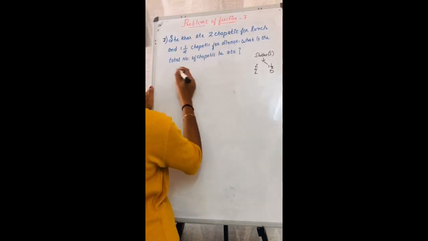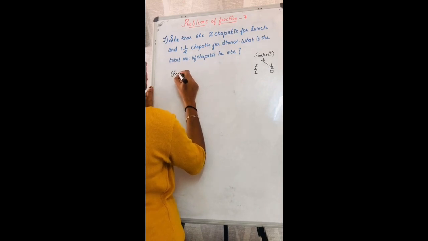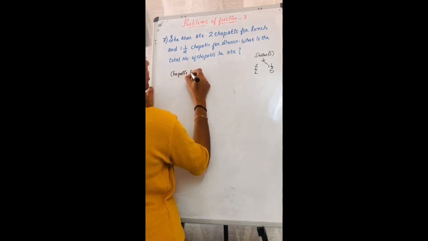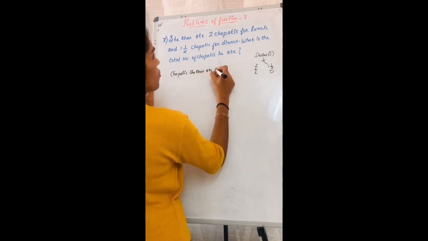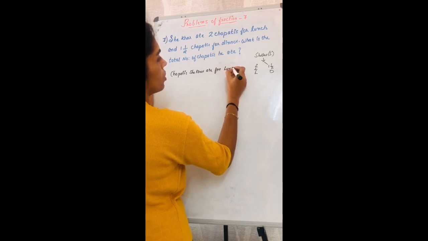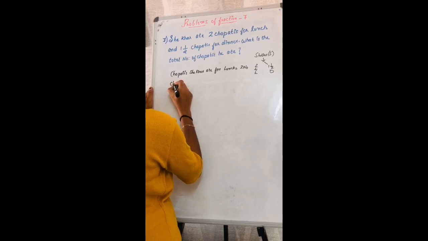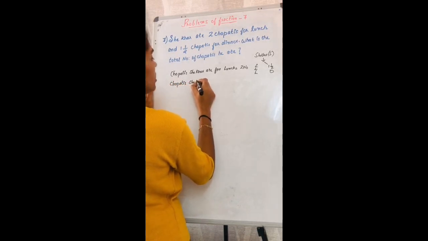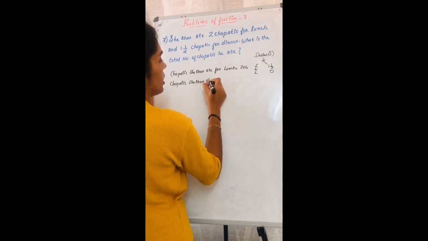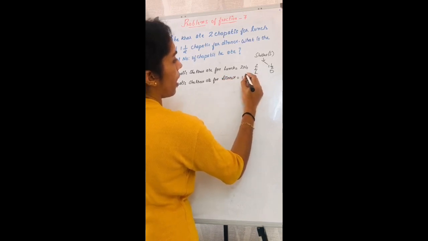Now let's quote our sentence. Here you're talking about chapatis, so start with chapatis. Shekhar ate for lunch 2 in number, right? Again, chapatis Shekhar ate for dinner, 1 by 2.